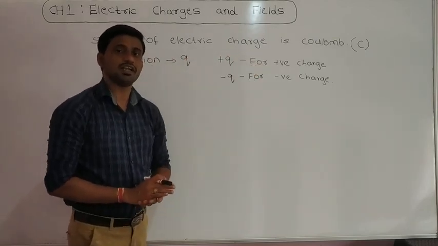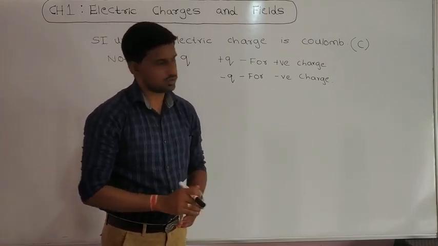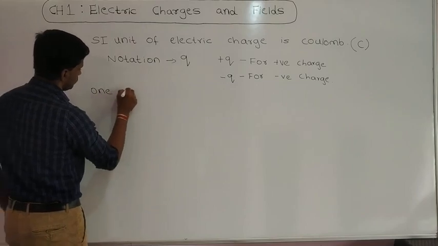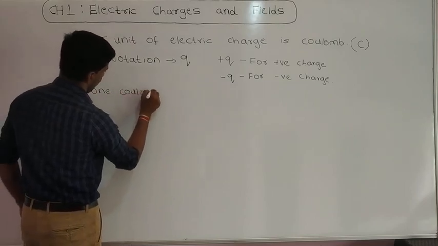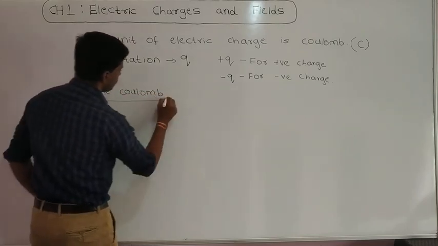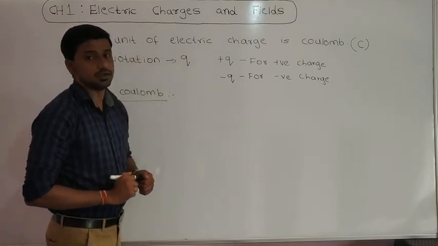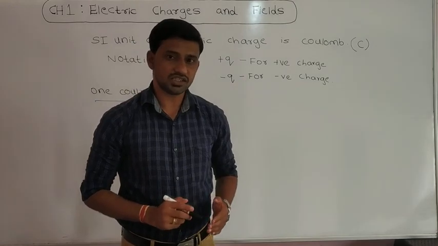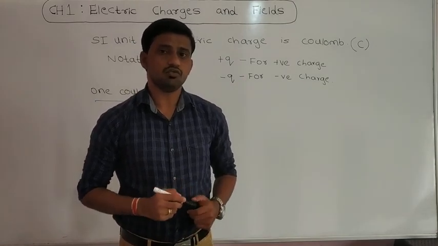Now how can we define 1 coulomb of charge? 1 coulomb of charge is the charge flowing through a wire in 1 second if the current is 1 ampere.